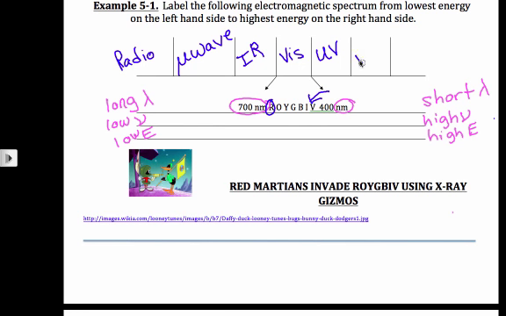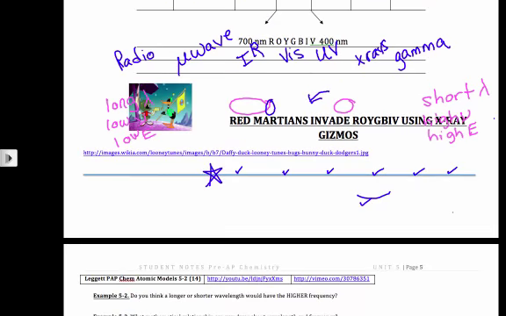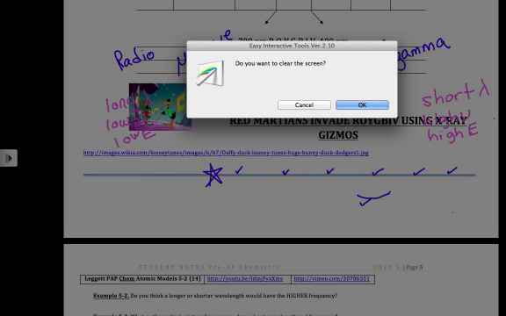And then we have X-rays and gamma rays. You need to know that order because we want to get this picture in your mind, not just on a piece of paper. A way to do this is: Red Martians invade Roy G. Biv, that's the visible, using X-ray gizmos. So radio, microwave, IR, visible, UV, X-ray, gamma rays. That would be our overall spectrum, those are the details of the spectrum that you need to know.